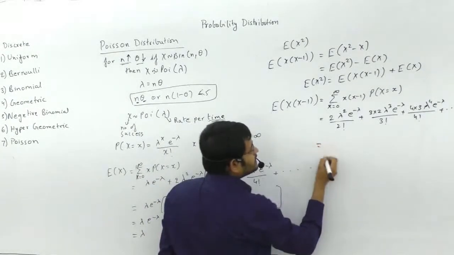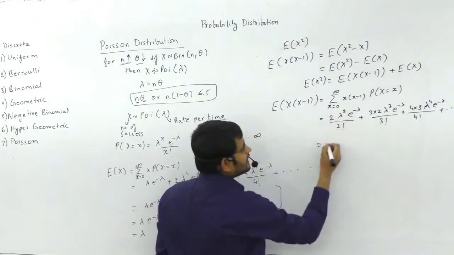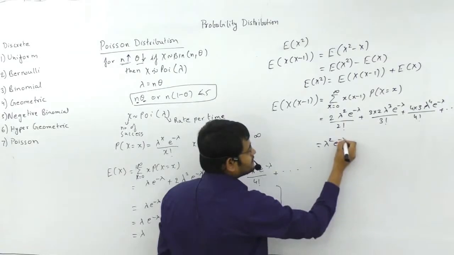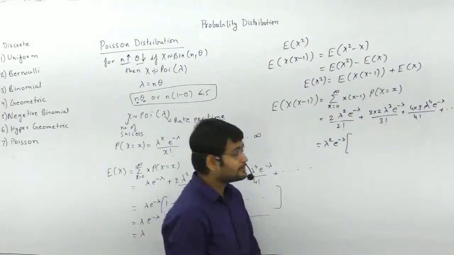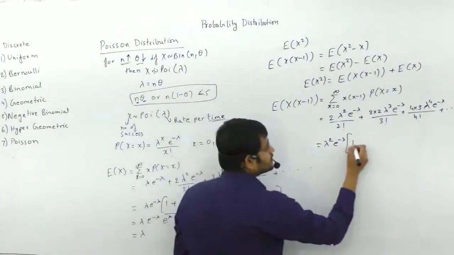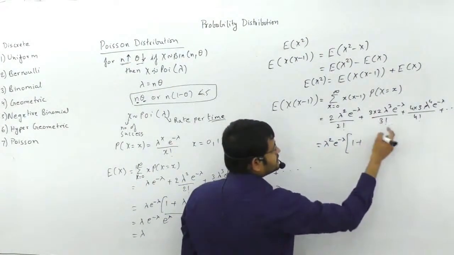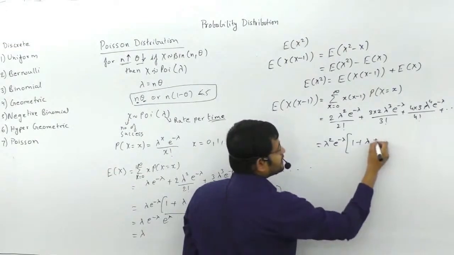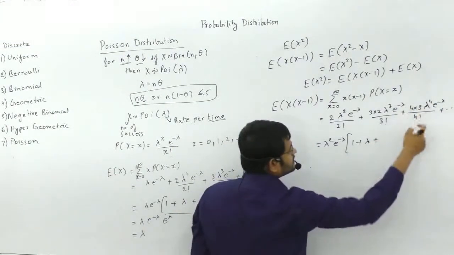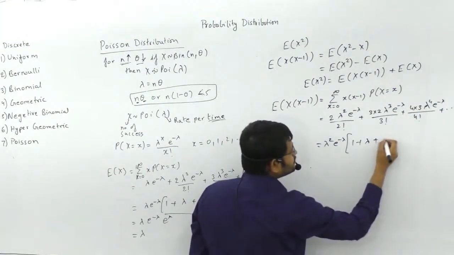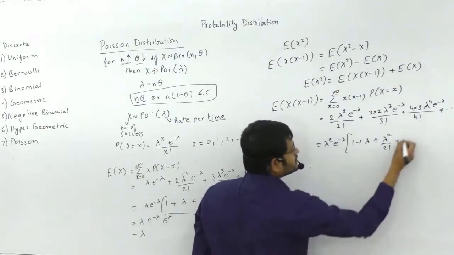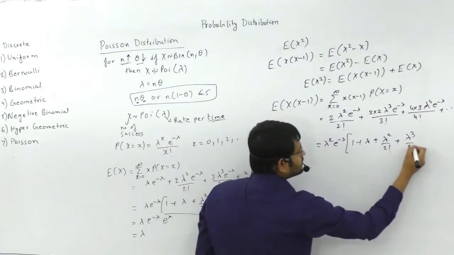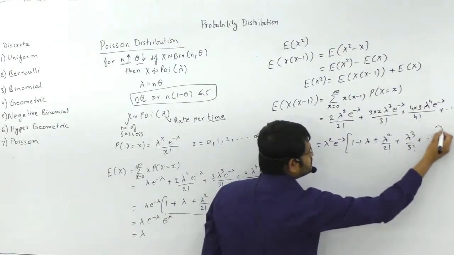Now, here I can take lambda square e raised to minus lambda as common, and I'll be left with 1 plus lambda, then since the 4 and 3 are removed, I'm left with lambda square by 2 factorial. So next would be lambda cube by 3 factorial and so on.